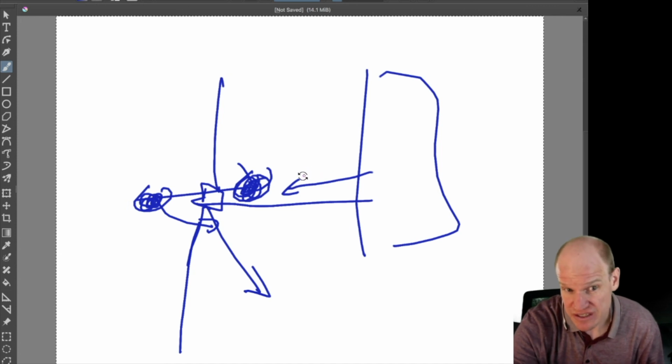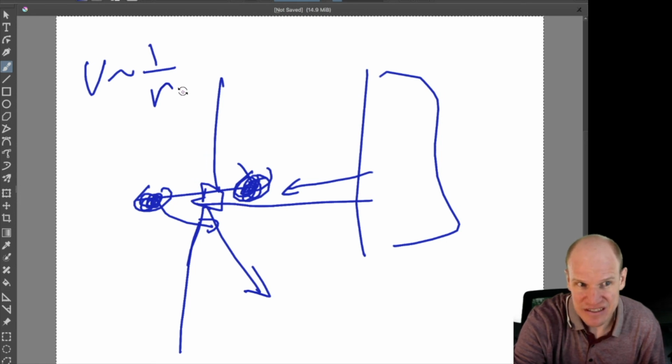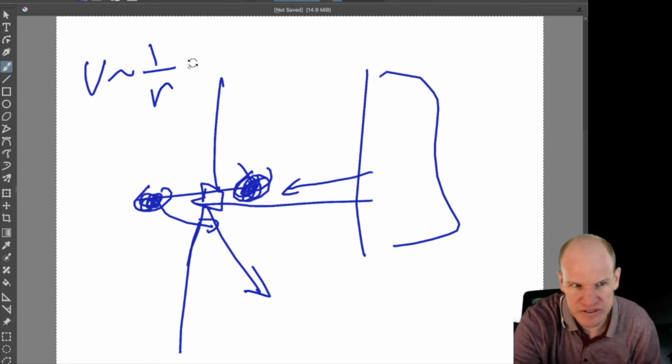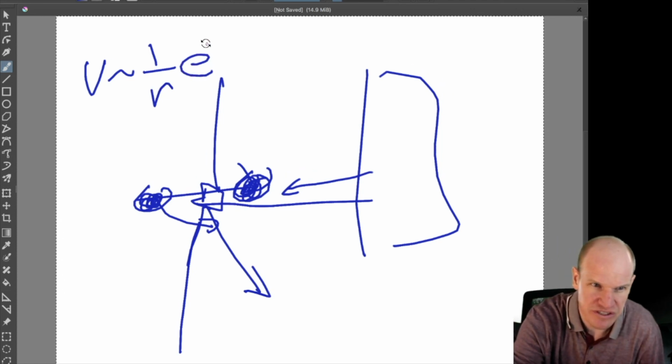And it could be that you have something that causes a deviation from the inverse square law, so that the gravitational potential does not actually go as 1/r, but has some other component to it. Maybe there's some other force that's acting, in which case you get a Yukawa potential that would look something like this.